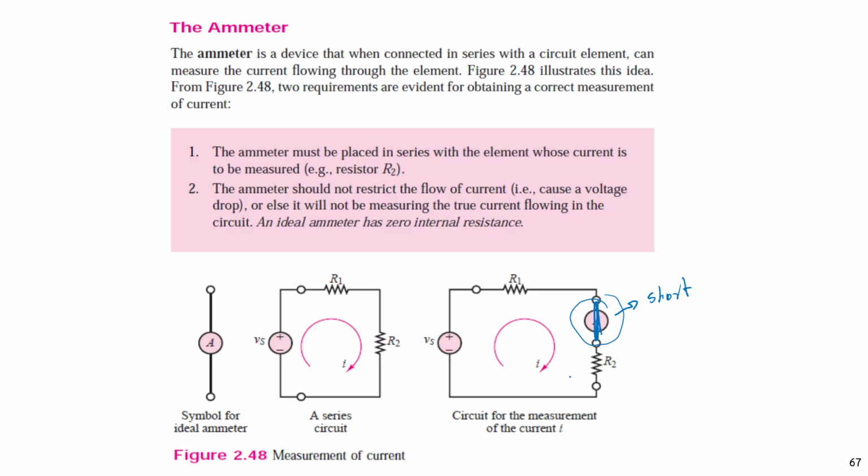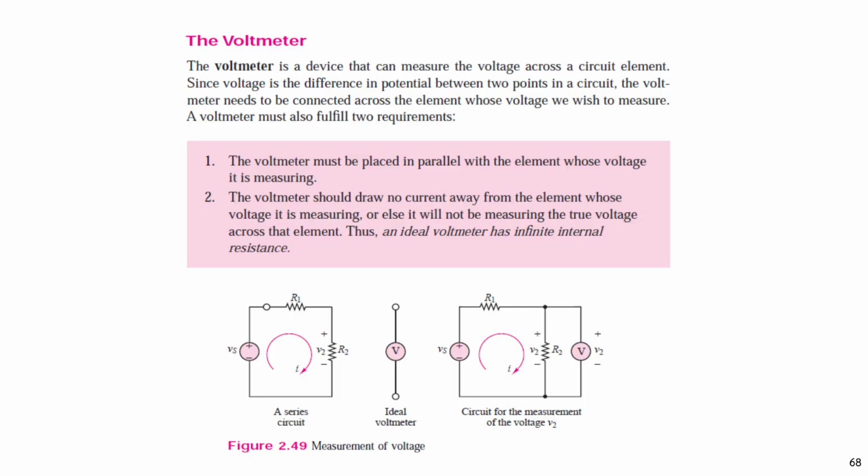So the ammeter is represented as zero internal resistance, right? For the ideal ammeter. But practically, when you put the ammeter into the circuit, there is some small resistance, right? It affects your circuit. But ideally, we assume that the resistance of the ammeter is very small. And for the voltmeter, usually we measure the voltage between two points, right?